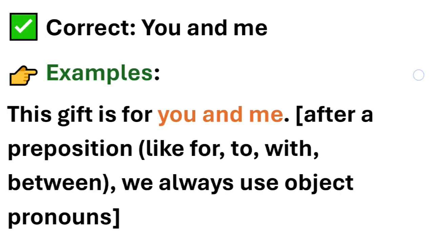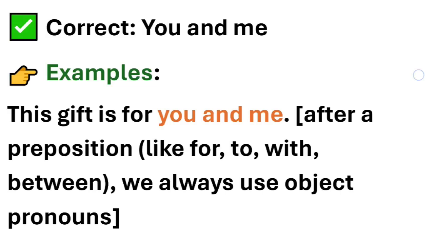Because after a preposition like for, which is given over here, for you and me, preposition like for, to, with, between, we always use objective pronouns, which is me and not I, and you remains just the same, be it subjective case or objective case. But I, which is subjective case, changes to me in the objective form, objective case.